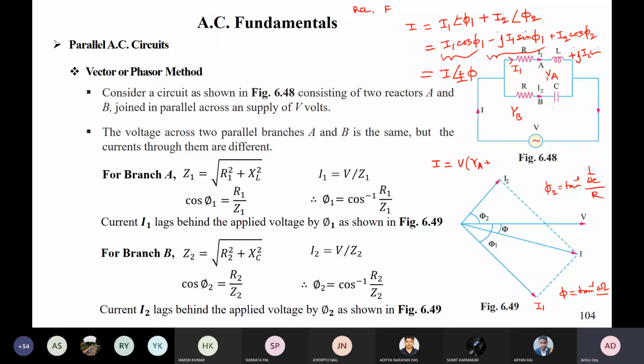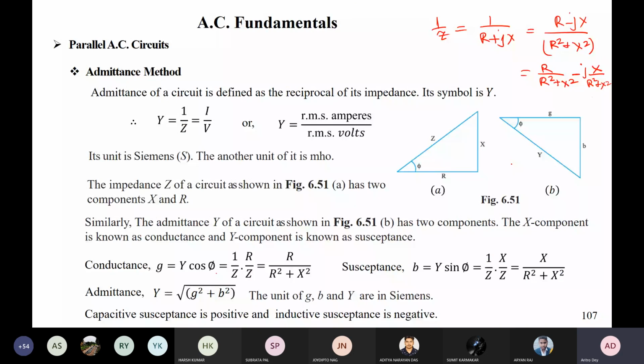You can straight away add the admittances, and then you get your answer. Okay. So capacitive susceptance is positive and inductive susceptance is negative. You will be able to understand that, because when there is an inductance, there will be a minus j term, and when there is a capacitance, there will be plus j. So it is the other way around. Okay, so in the susceptance, those things will be there.